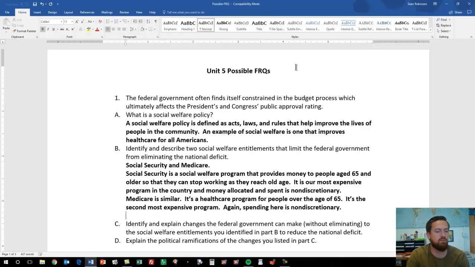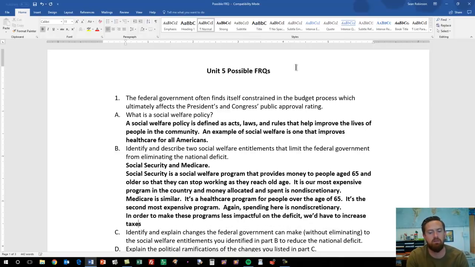And then just this, I'll just say, in order to make these programs less impactful on the deficit, we'd have to increase taxes or cut services. This is what your FRQ answer should look like.